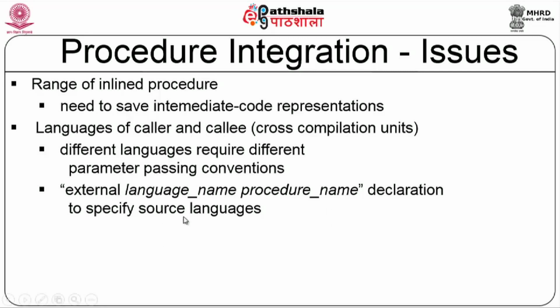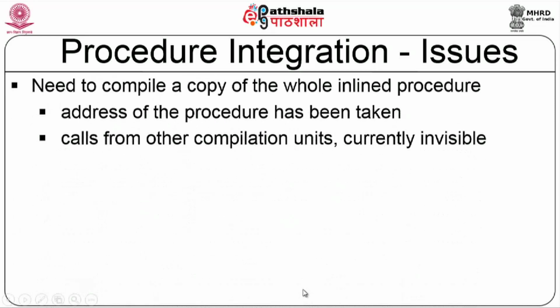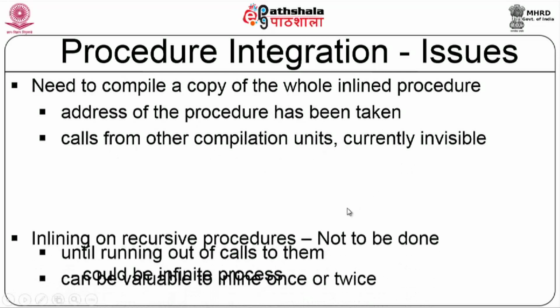You have an external language name, and a procedure name declaration to specify source languages should also be made available, and saving intermediate code of inline routines should also be possible, and it depends upon the purpose of saving intermediate code. So, here you need to compile a copy of the whole inline procedure, that is also an issue here, and the address of the procedure has to be taken into account for where will I get it basically, and calls from other compilation units which are currently invisible should also be handled.